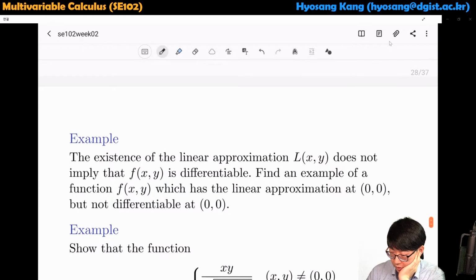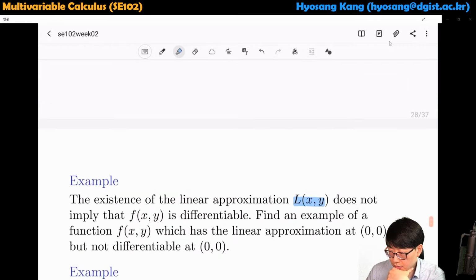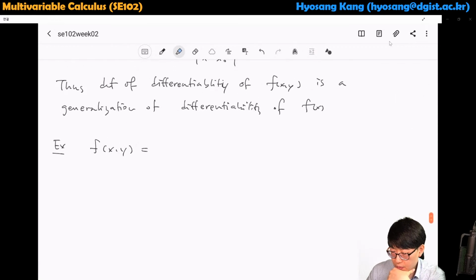You may have a linear approximation, but it doesn't imply that f of x, y is automatically differentiable. So you might have a function which is not differentiable, but it has a linear approximation.